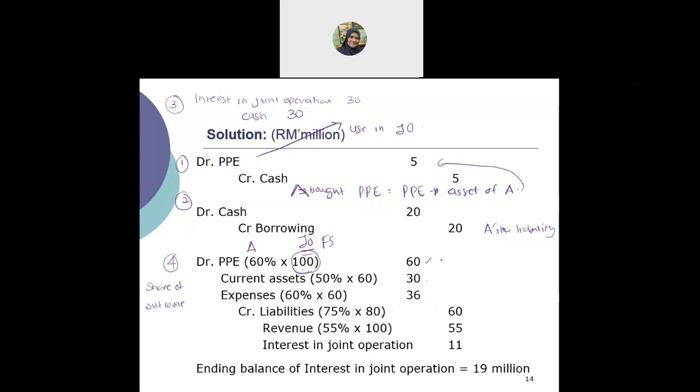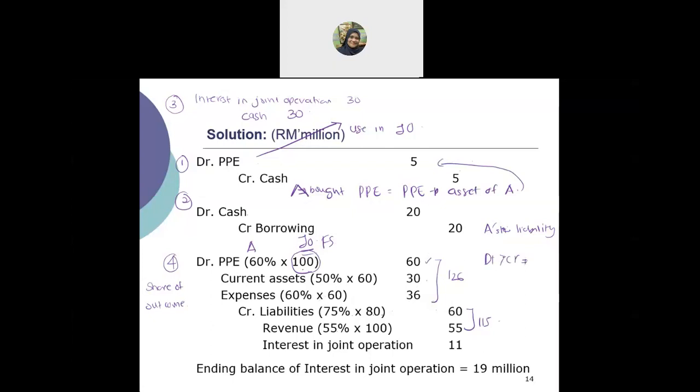So if you total up your debit side here, you have 126. Okay, and then your credit side you have 115. So it means that your debit is more than your credit. So once your debit is more than your credit, to balance the journal entries, you need to either debit or credit interest in joint operation.